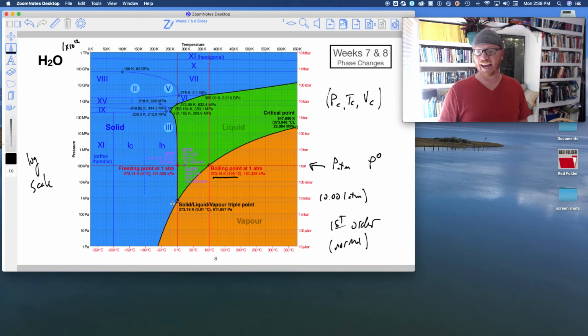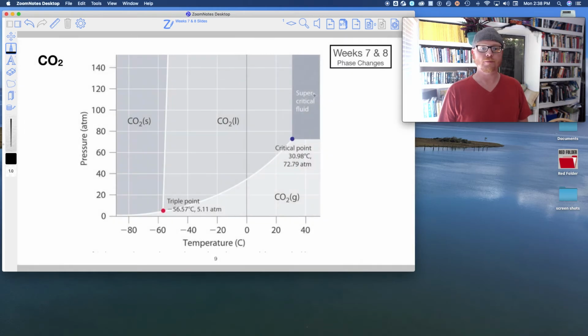That is the indication that the solid phase of water is less dense than the liquid phase, which is rare, right? Everything else has a positive slope right here between the solid and liquid phase, because everything else has a solid phase that is more dense than the liquid phase.